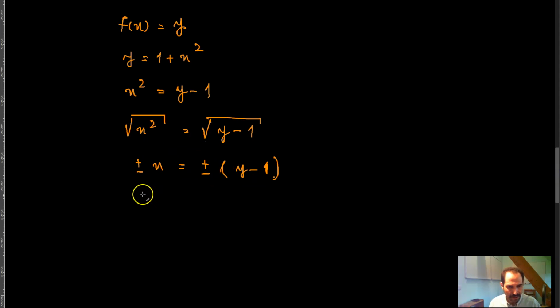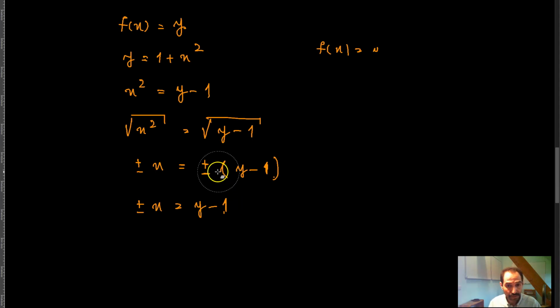At the end of the day, you can simplify this expression to plus or minus x equals y minus 1, right? So that means that here in this function we have f of x is equal to... oh, I did make a mistake here actually.